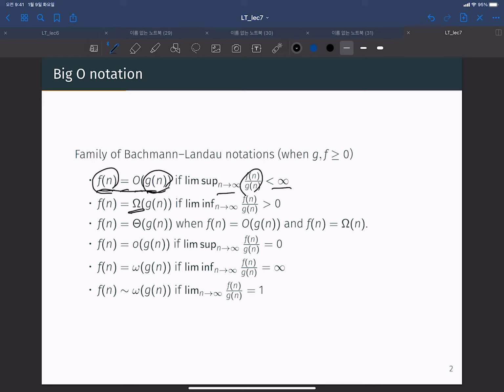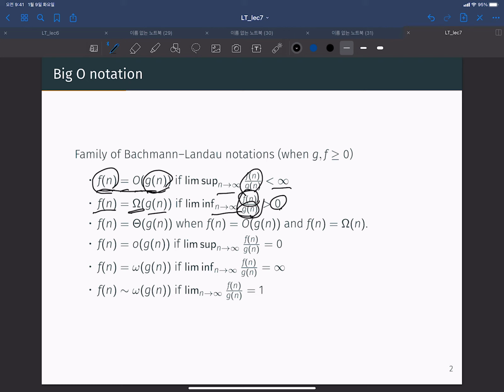When we compute f(n) over g(n) and make n go to infinity, this value is lower bounded by some constant, which means it does not go to 0 as n goes to infinity, and we say the order of f(n) is at least the order of g(n).